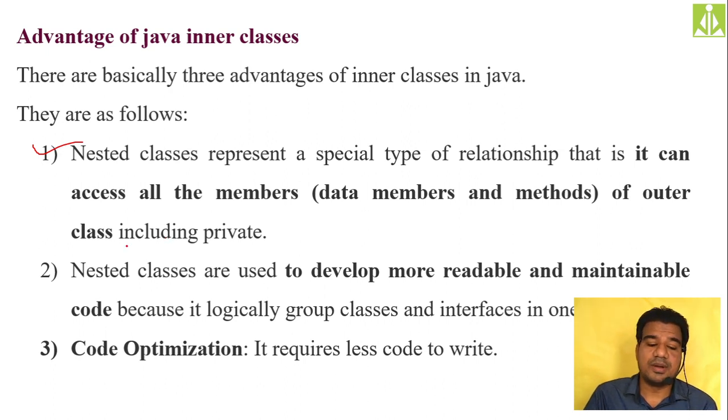By making the classes nested classes, we are making the code more readable and maintainable. If you group these classes and interfaces logically, they will come to one place so that you can easily read them. Increasing readability means increasing understandability, how easily you are understanding the stuff.